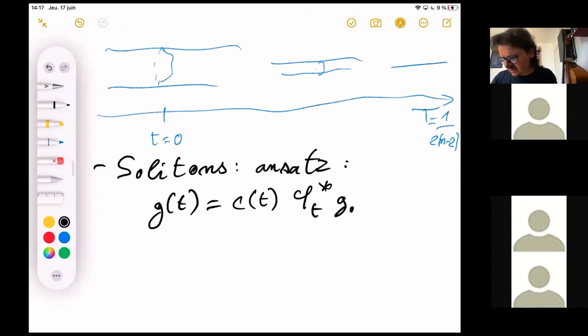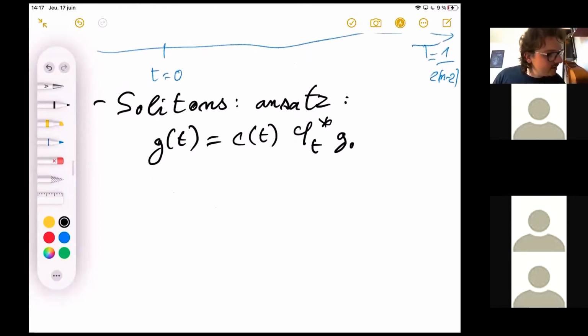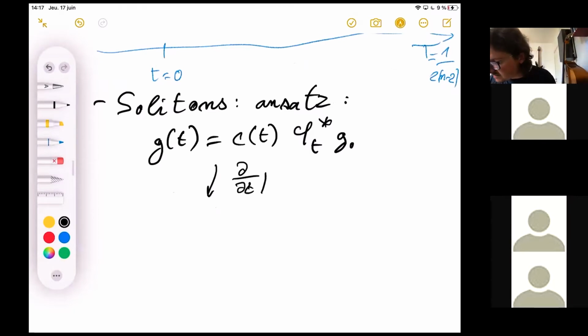So these solitons were first used in PDEs when they were looking for translation invariant solutions of propagations of things and stuff like that. Here the translation invariance is replaced by a coordinate change invariance. So if you take the time derivative of that at t equals 0, what you get is the following.